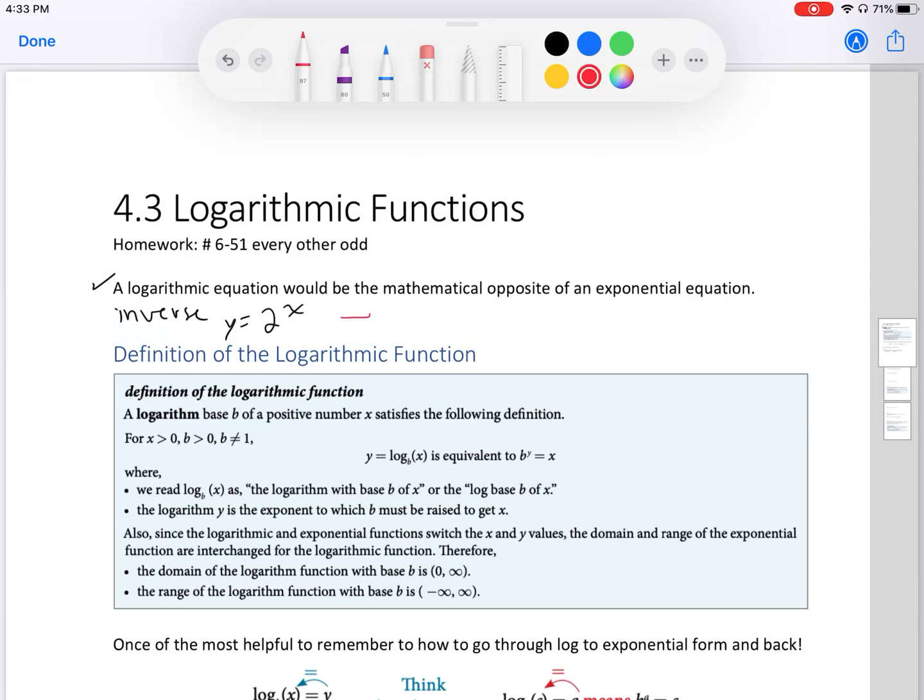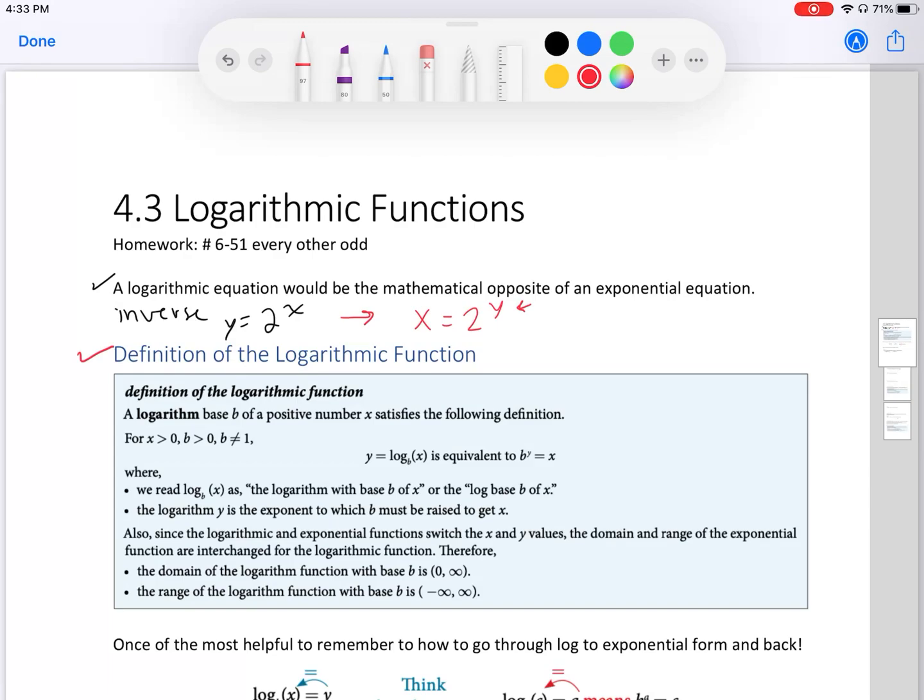We interchange our x's and y's, so I have x equals 2 to the y power. But how do I get that y down so I can solve? Well, there's a special equation for the mathematical opposite of an exponential. That's logarithmic. So let's go over the definition.